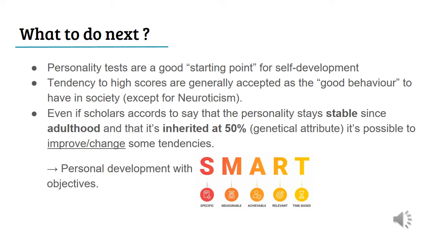Personality is only a small part of a human being, and it's not something completely unchangeable, which means that even if personality is supposed to be stable since adulthood and kind of inherent for 50%, you can still work on some aspects of your personality if you consider that you don't have a good enough score, or if you think that it can help you to be more into agreeableness, be more warm, for instance. So it's a good element for personal development for starting, and to choose the objective by, for instance, the SMART method that helps you to set goals for the future.